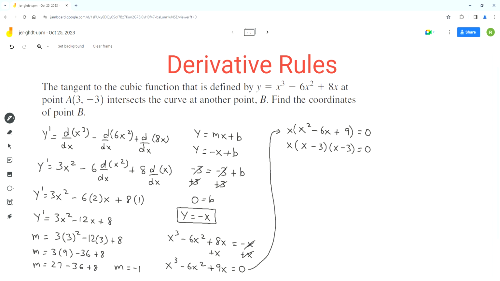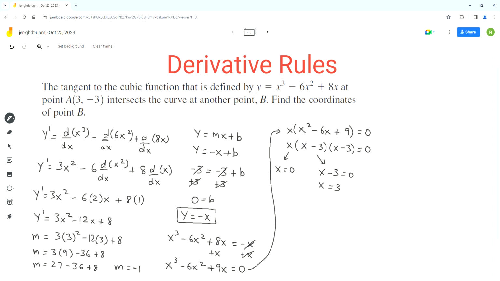So now we can solve for x by making the factors equal to 0. The first factor is x, so the first x value we get is x equals 0. Now these two factors are the same, so we just have to set it equal to 0 once. So x minus 3 equals 0 and we get x equals 3.